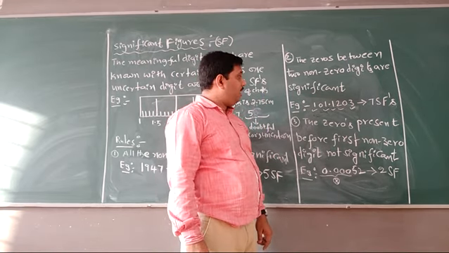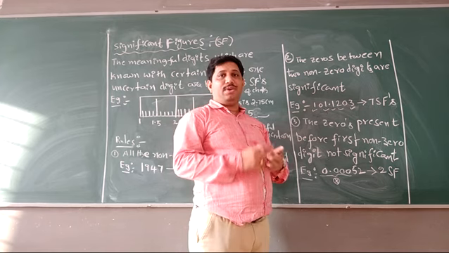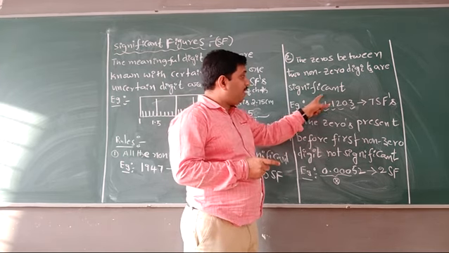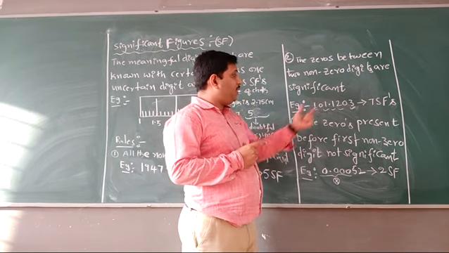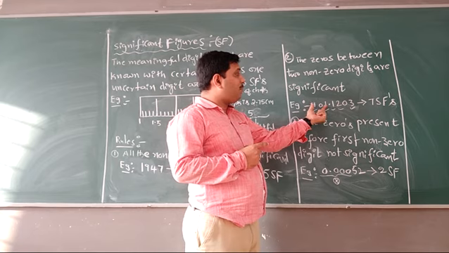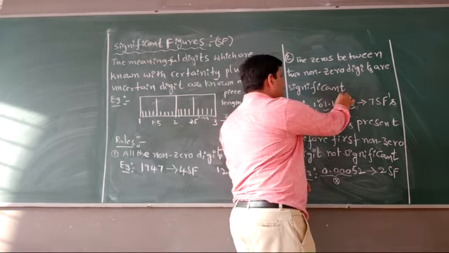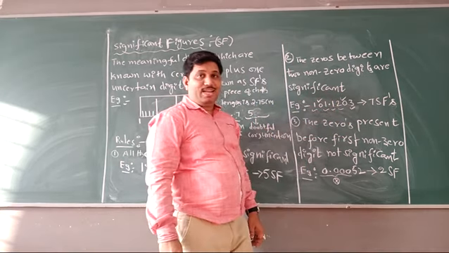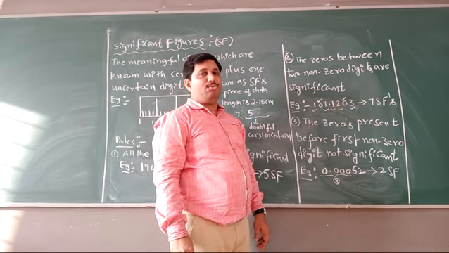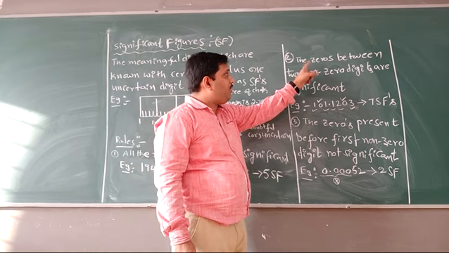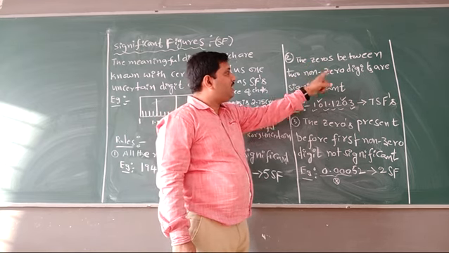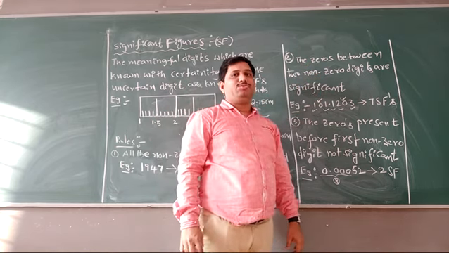They are significant. Totally there are 5 significant figures and 2 zeros are present. The zeros are present between two non-zero digits, between 1 and 1 and between 2 and 3. These are also significant. Totally 7 significant figures are present in the number. That is, the zeros between two non-zero digits are significant.